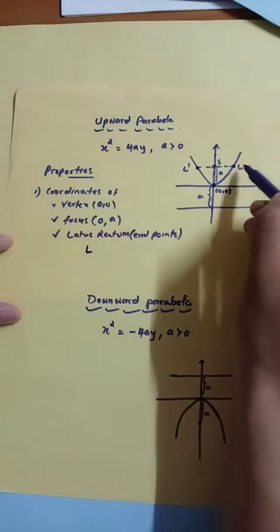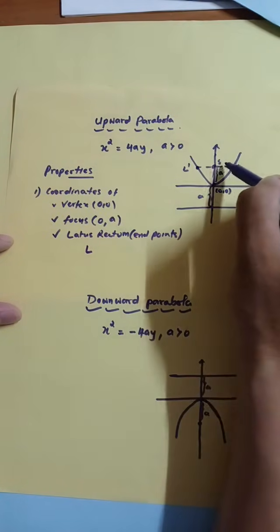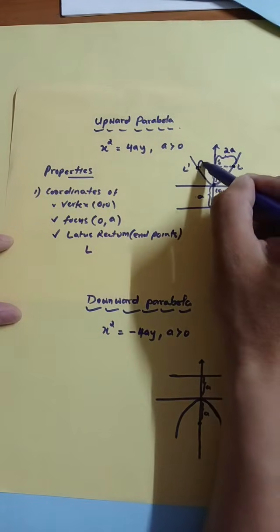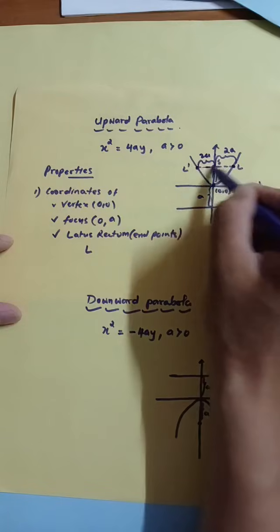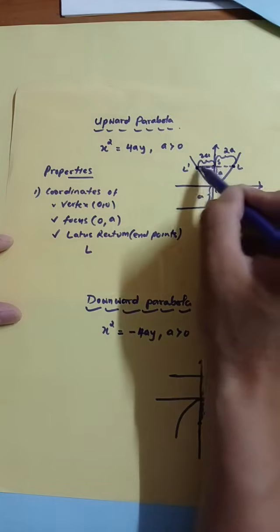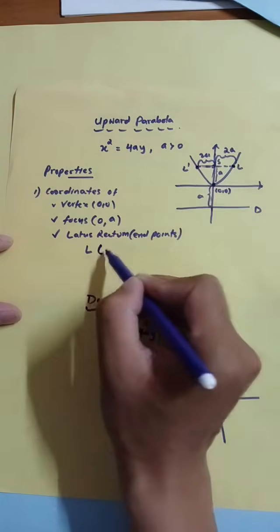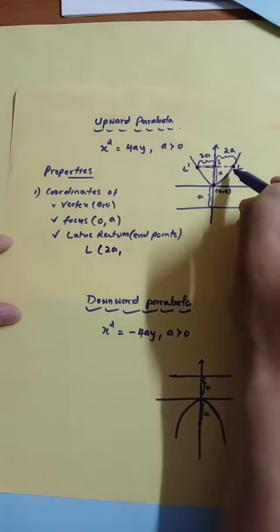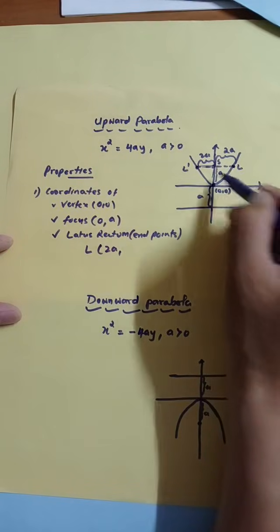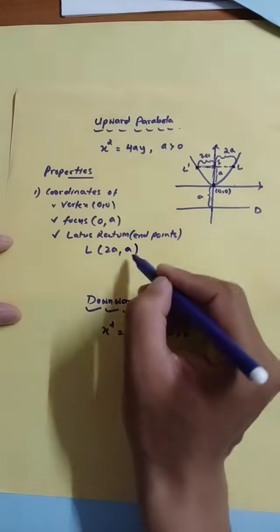The distance from the focus to L is 2a, because the length of the latus rectum is in total 4a. So the x coordinate is 2a. Then we have L dash.